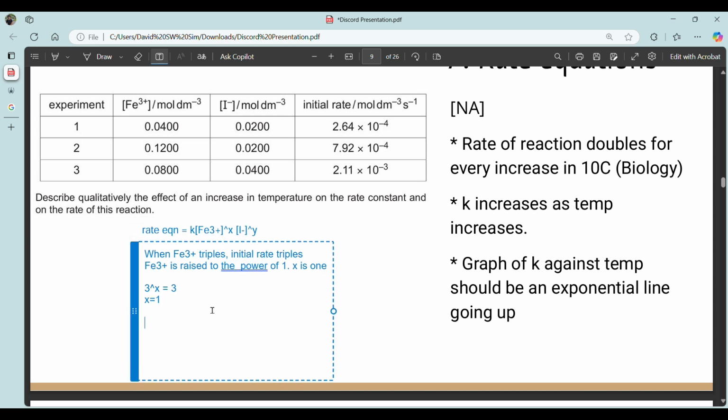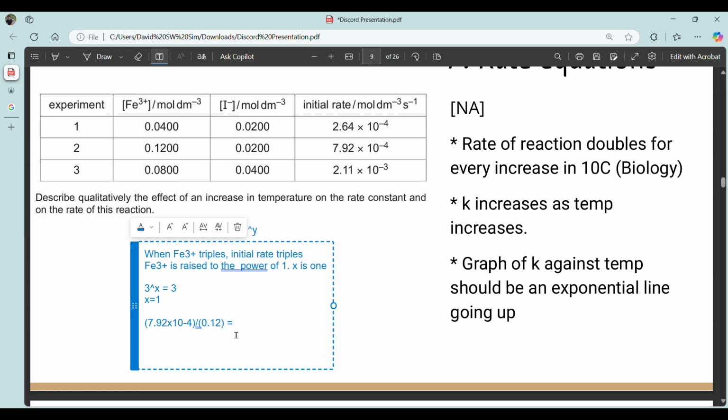So we can just cancel out Fe3+. We remove the Fe3+ by dividing the initial rate by Fe3+.